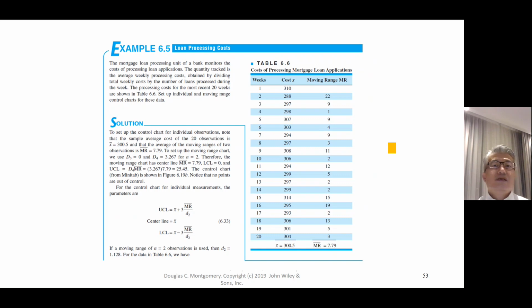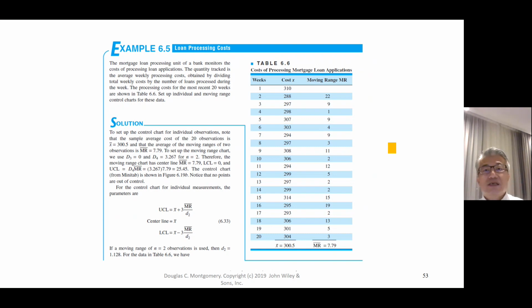The quantity tracked is the average weekly processing cost, obtained by dividing total weekly cost by the number of loans processed during the week. The processing costs for the most recent 20 weeks are shown in Table 6.6. We would like to set up the individuals and the moving range control charts for this data.